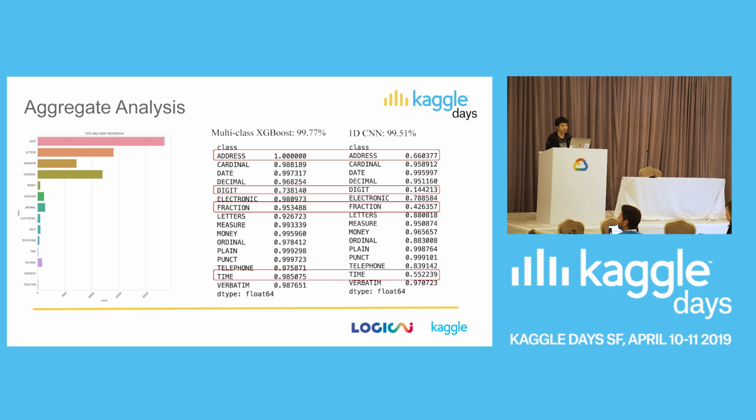But if you look carefully, even though I did oversampling, the 1D CNN still failed to capture the minority class. The point here is not to compare AttributeBoost and the neural network, or to develop a neural network to beat AttributeBoost, but to help you understand the model characteristics so that later we can move to model explanation.